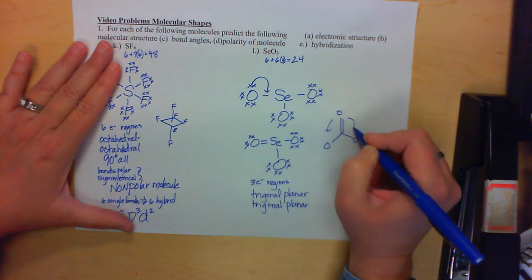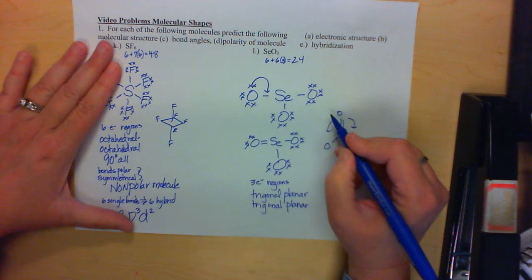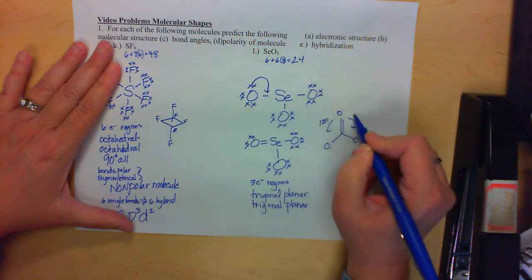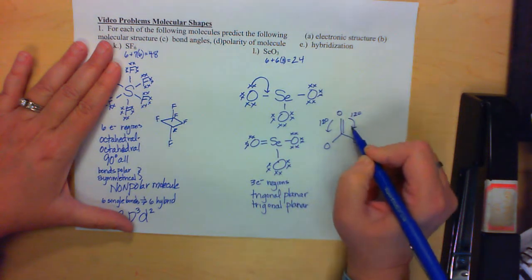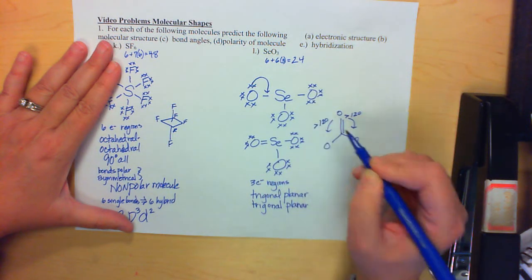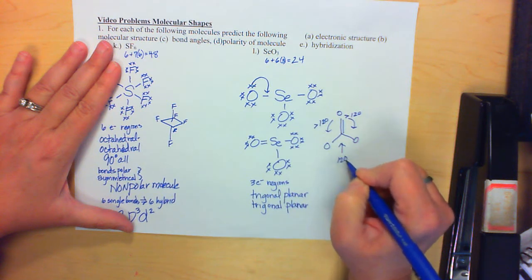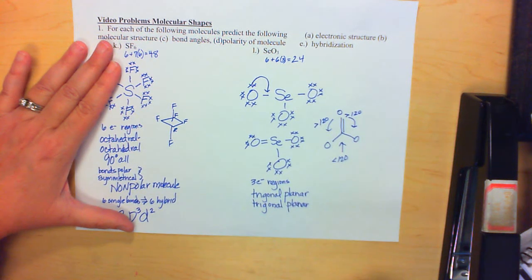Now this is going to distort the angles slightly. This is 120, as is this one, but because the double bond is going to push more, it's going to increase it slightly, which means this angle here, again, starts off with 120, but will be slightly less than 120. It distorts it.